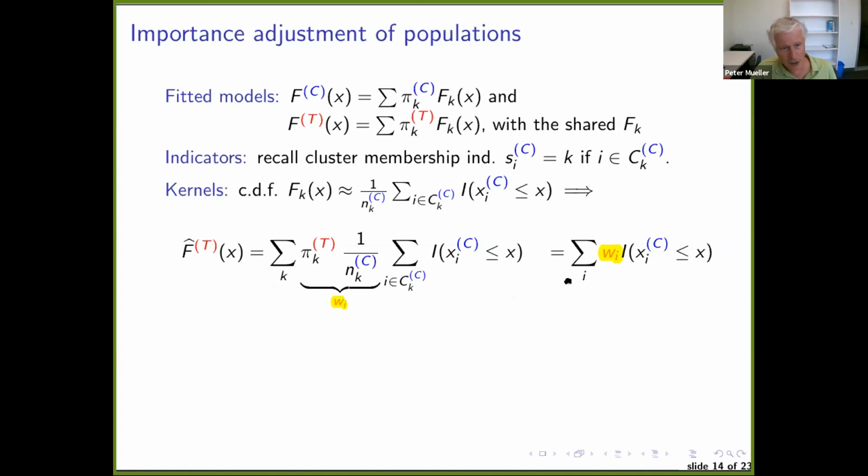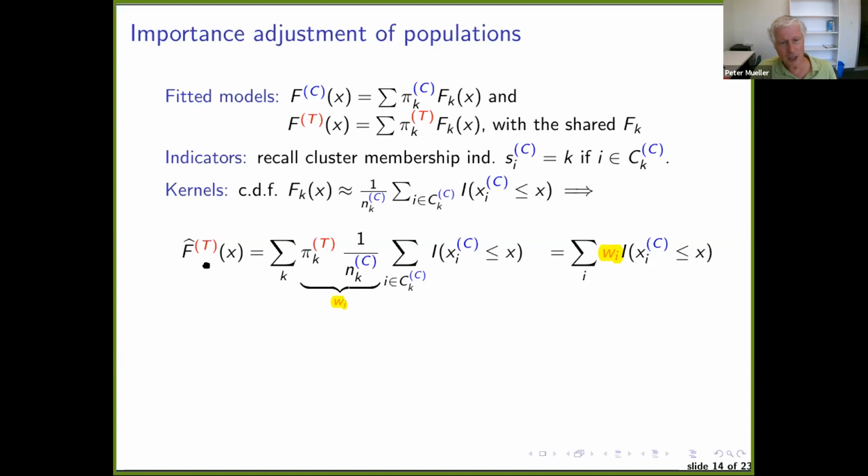And can you see when you do that, then this becomes a sum over all patients where the weight is now that orange W sub I, where the W sub I is the red weight over the blue cluster size. Can you read that last line now, the beginning and the end?